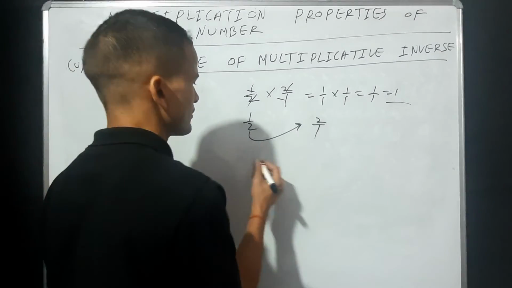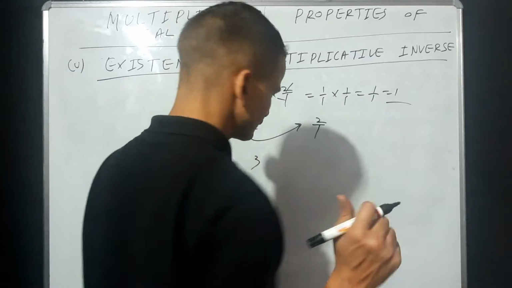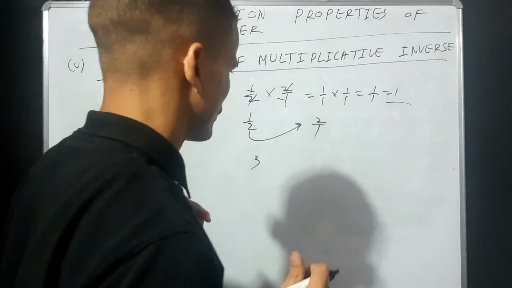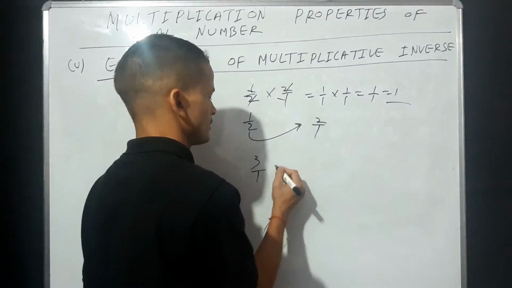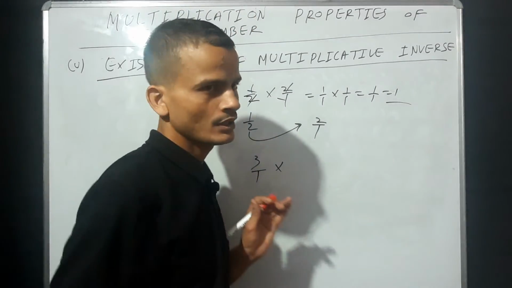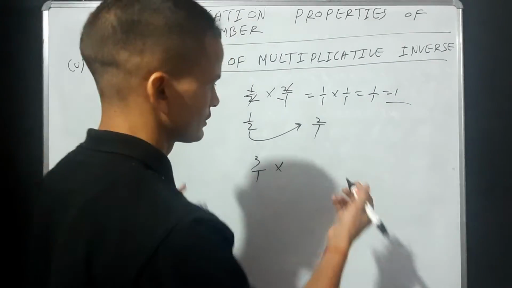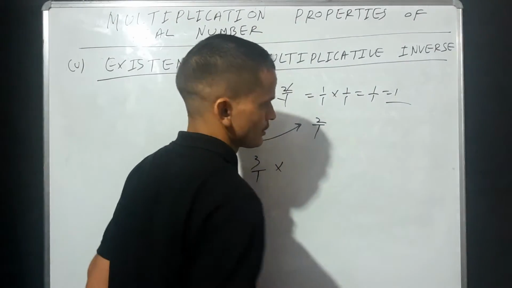Let us see some examples. To find the multiplicative inverse of a number, we multiply by its reciprocal.